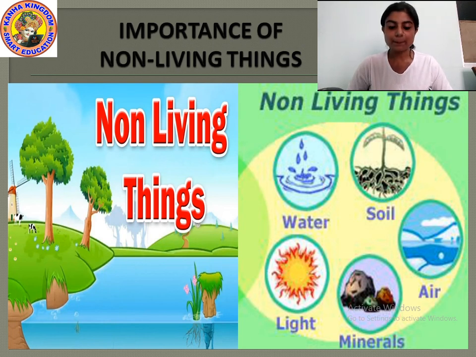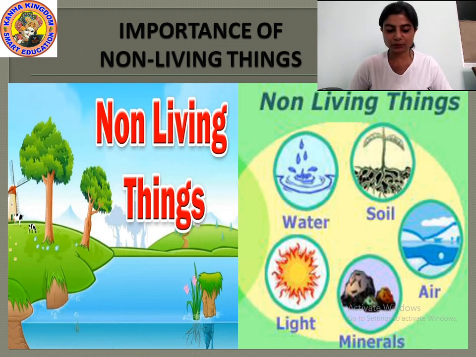How? Because living things need air to breathe. Air is a non-living thing, but it is useful to us. We need air to breathe, then water to drink. Water is also a non-living thing.